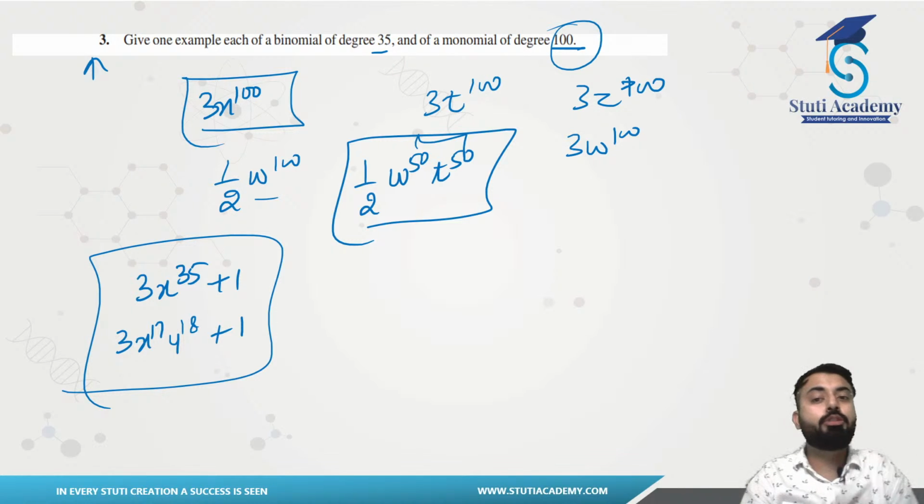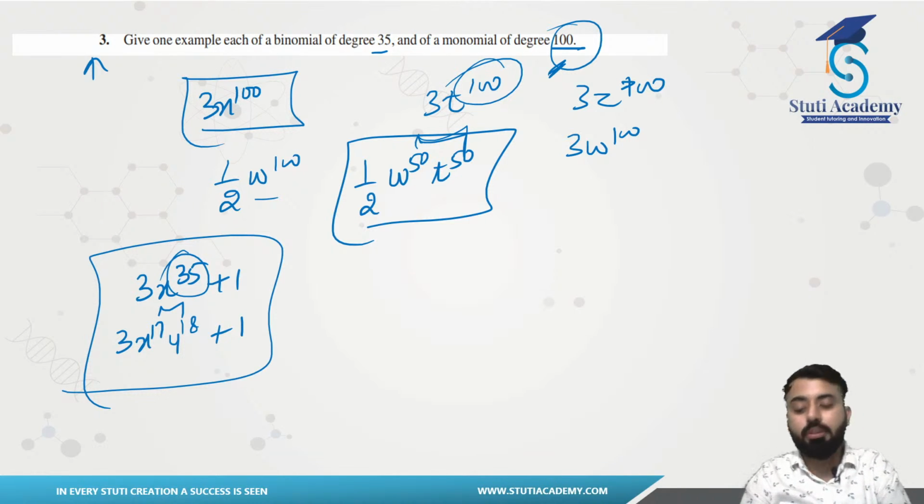Just remember, it has to be a binomial, so it will be having two terms and it has to have a maximum degree 35. So you guys see, the sum of these will be 35. This is exactly 35. Here you have to have a monomial of degree 100. So this will be 100. Or the sum of these two will be 100. So you need to have only one variable, sorry, one term. So I hope you guys have understood the case, right? So that is the answer to your third question. I hope you don't have any doubt here.